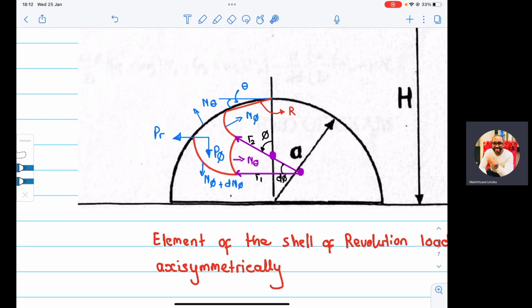So this n theta refers to what we call a hoop stress or hoop forces. They go around this dome, spherical dome.